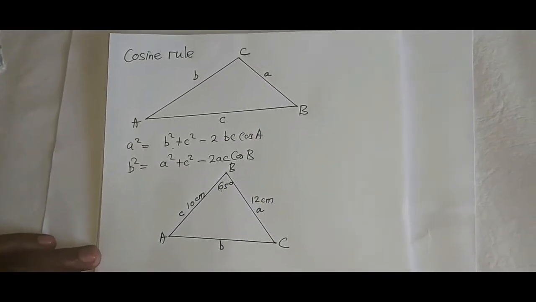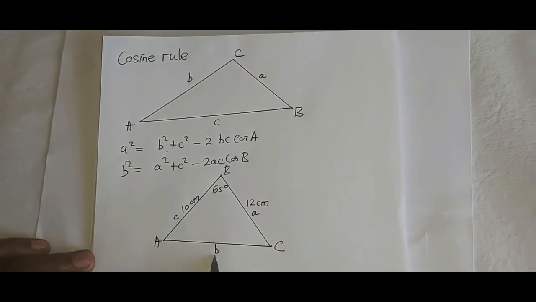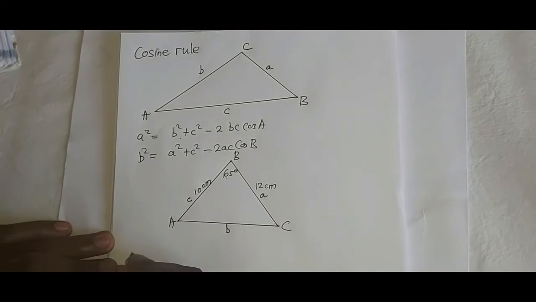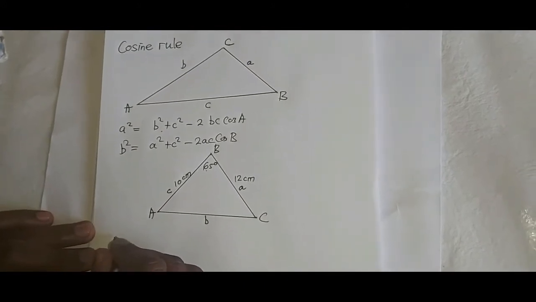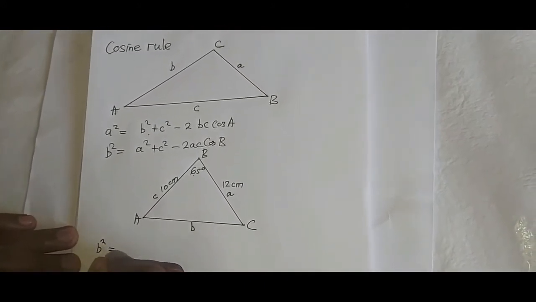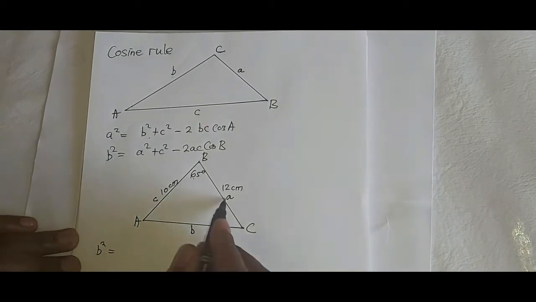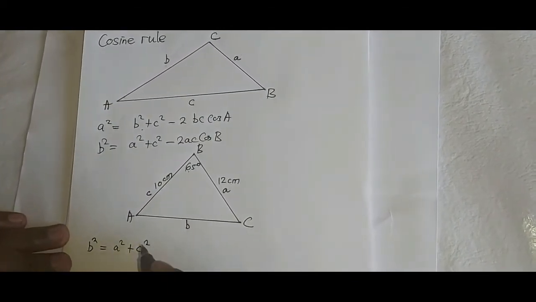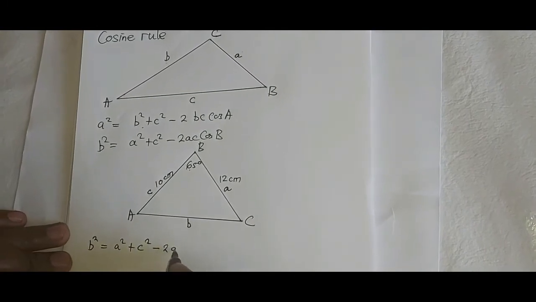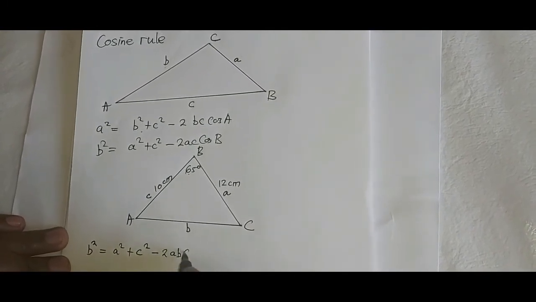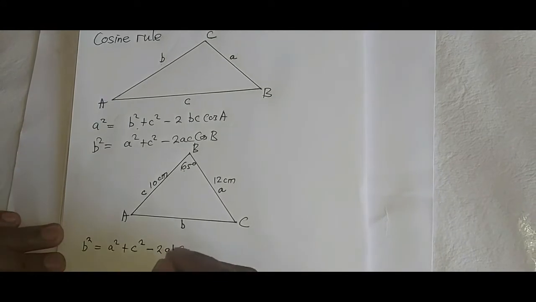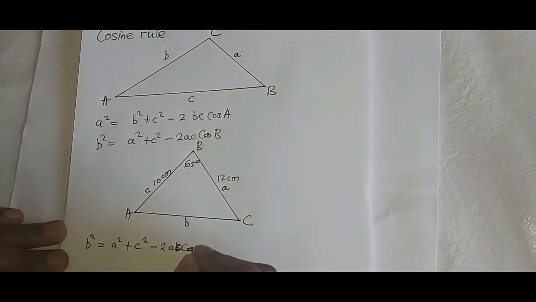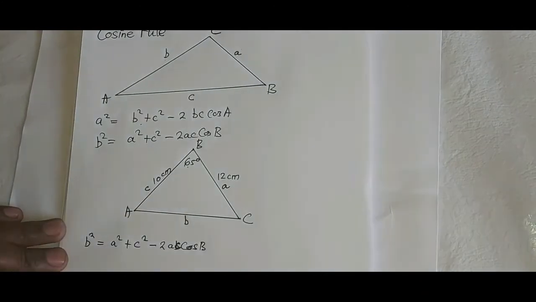In this case, I'm looking for side B, so which means here I will now say B squared is equals to A squared plus C squared minus 2AC, because I'm looking for B, 2AC cos of B.